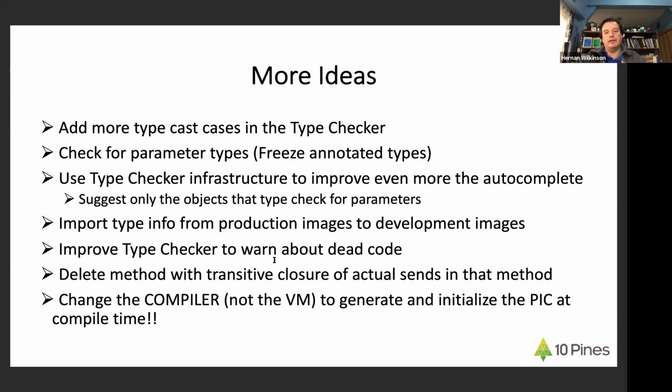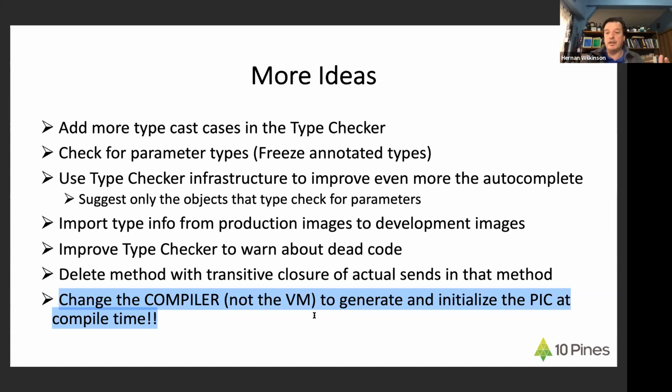And also, and this is something the VM people don't like, I'm not sure exactly why. Well, I have an idea, but once you have this type information, why not use it from the VM to generate the PICs and so on? Because in some way, PICs and these things are what I'm doing with LiveTyping: collecting type information.